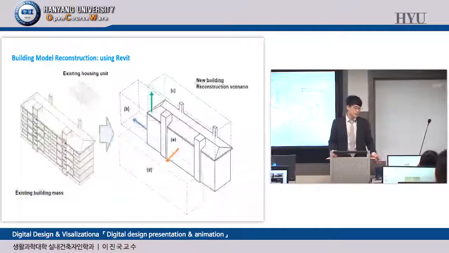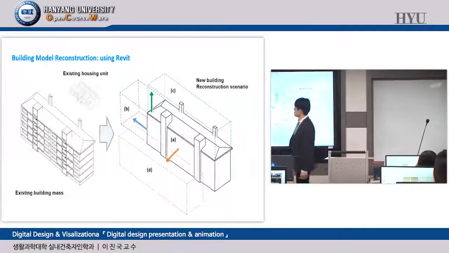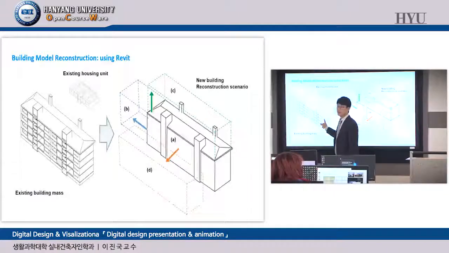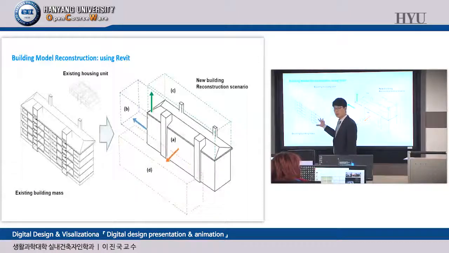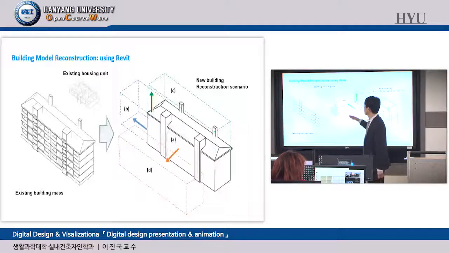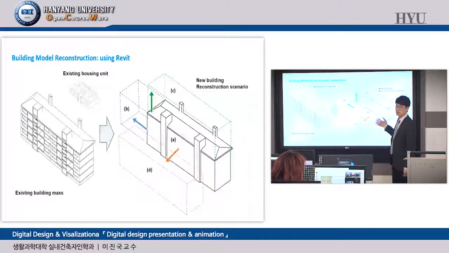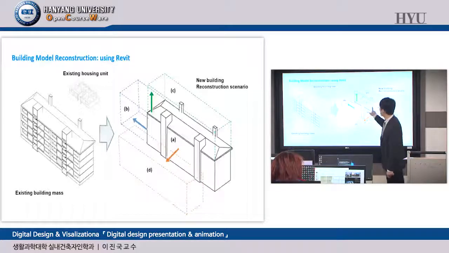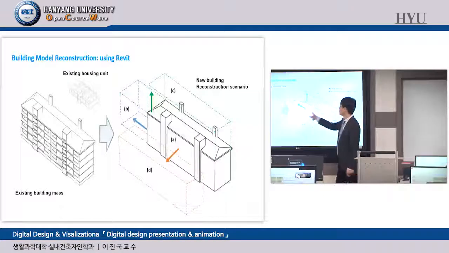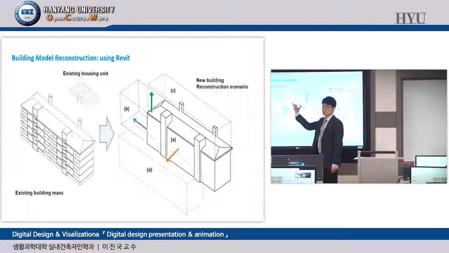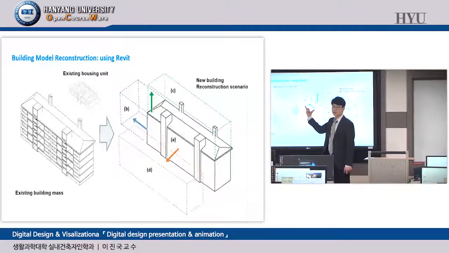Okay, this is a remodel project. This is the existing, current building. Take a look, very roughly modeled, roughly designed geometry. We don't need to put in details because this one is going to be reconstructed, redesigned. So how about the scenario? A is the existing building. How about B, extension? This is horizontal expansion, the first scenario.